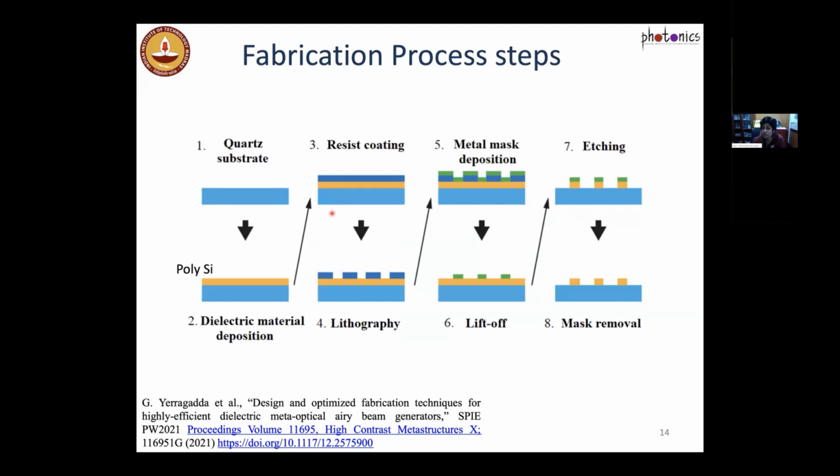And since it's meta, these sizes all have to be sub-wavelength, and that's where the challenge is in making, let's say, 8 different levels of sub-wavelength structures. So this process involves coating of a dielectric material. This material is the one that's going to have the meta-atoms. But in order to transfer the pattern into that, we will use an e-beam lithography writing system, and we are going to have to use a lift-off method and etching to transfer the pattern onto the dielectric.